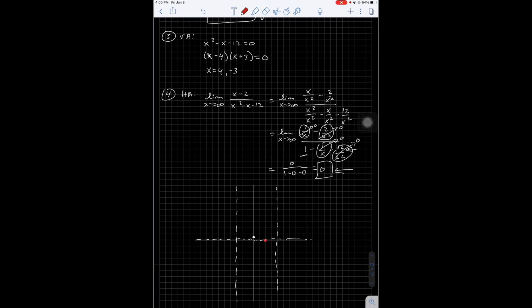I've got a horizontal asymptote and I've got an x-intercept on that, which means that it's going to touch the asymptote. That's fine. Why? Because the horizontal asymptote only binds the graph way out there and way out there. It does not bind the graph in here.